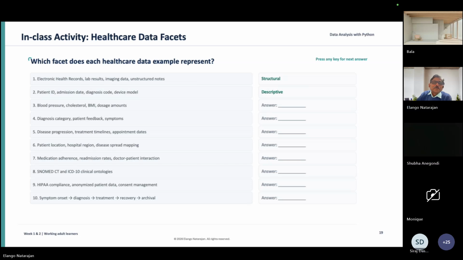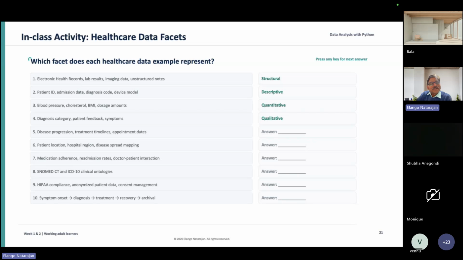We say this is descriptive, a structural facet, but particularly descriptive type. In the structural itself, it could be quantitative based or descriptive based. This one is a descriptive structural data. The third one is quantitative structured data. And the fourth is qualitative, exactly.